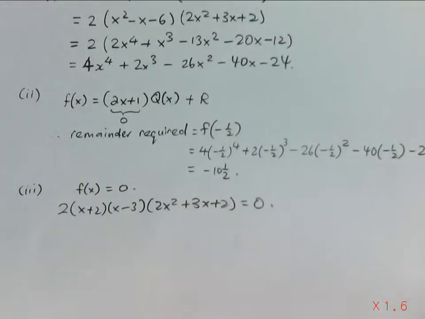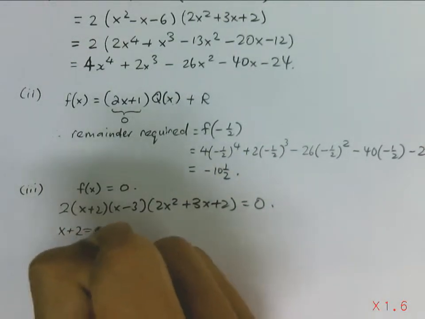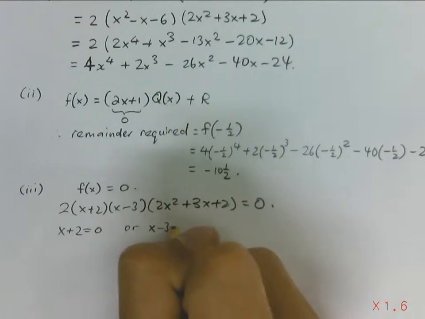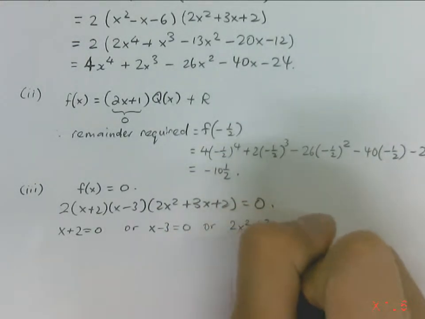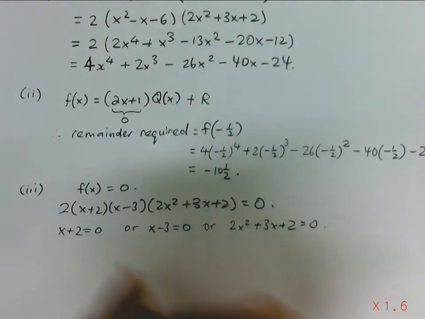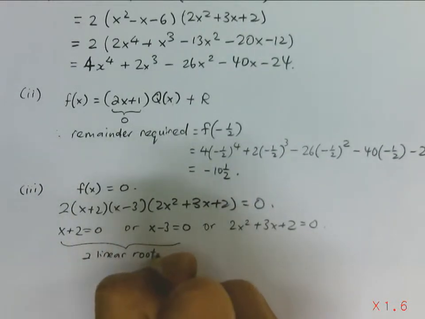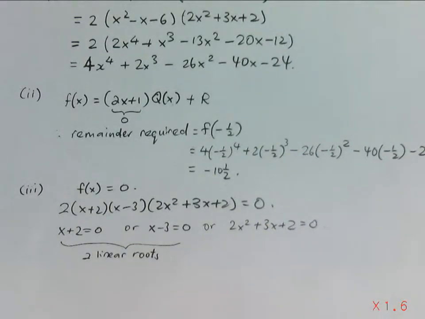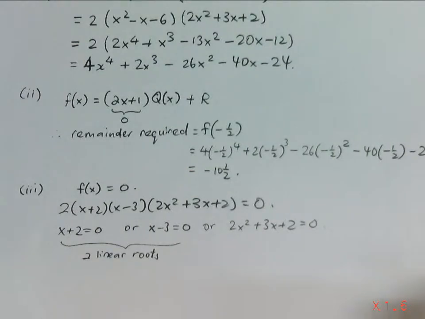Now solving this equation, we know that we can simply take each of the factors and equate to 0. Now we can clearly see that we can have 2 linear roots here, which is exactly the meaning when they say 2 real roots.